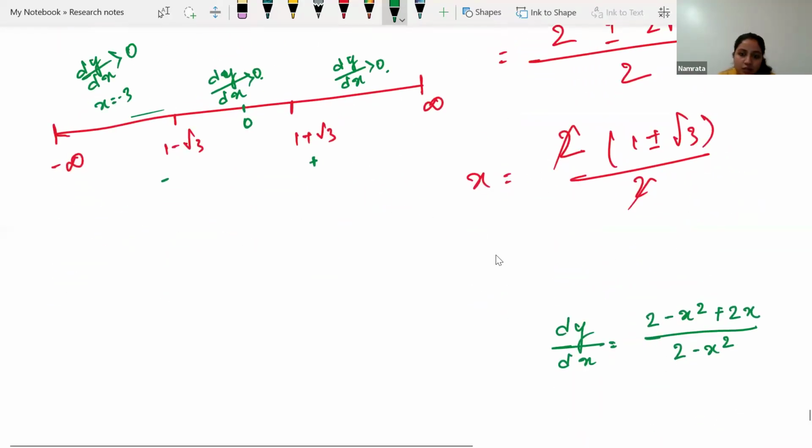If we are taking negative 3, obviously negative negative is becoming positive.